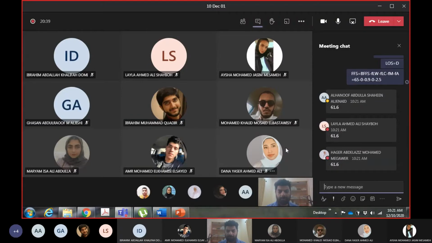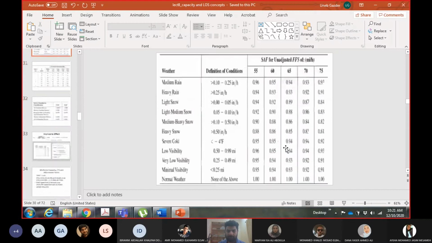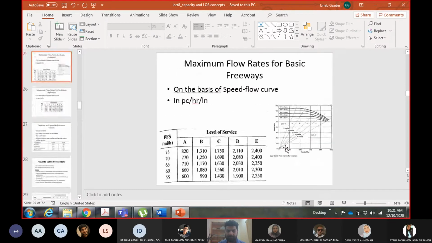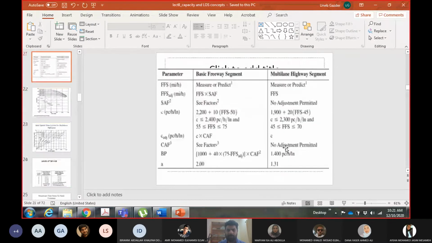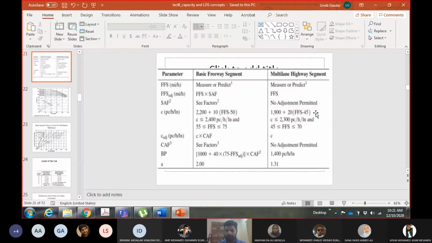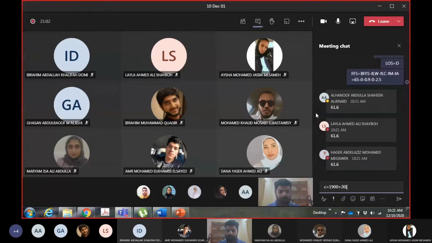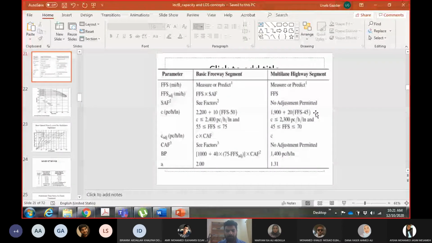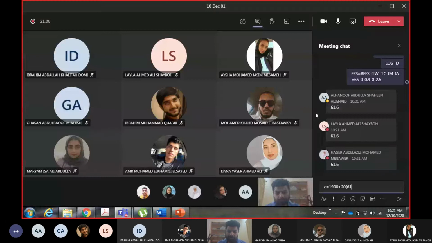Again I will go back to that table which has the equation for all these things. Capacity for a multi-lane highway: 1900 plus 20 times FFS minus 45. So capacity equals 1900 plus 20 times, FFS is 61.6 minus 45.